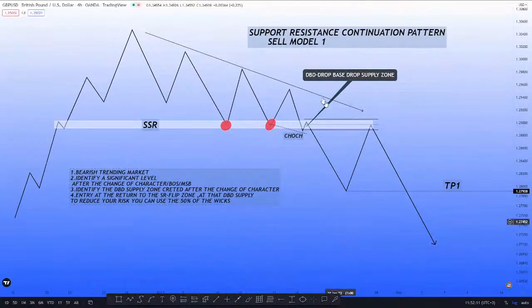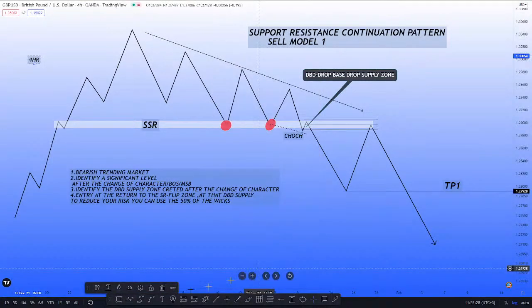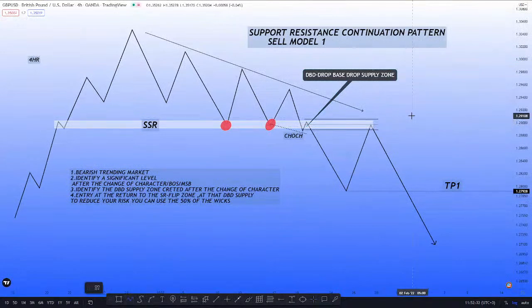And as usual, let's say this is an H4 time frame. Let's assume this is a 4 hour setup. On the lower time frame, you can wait for something like this here.